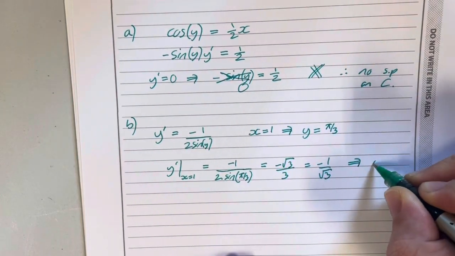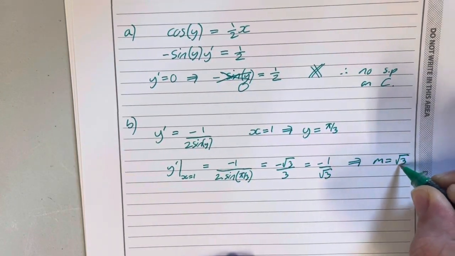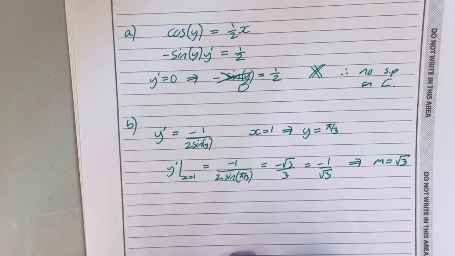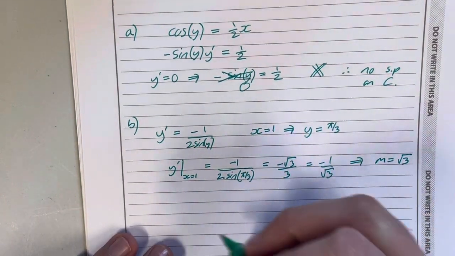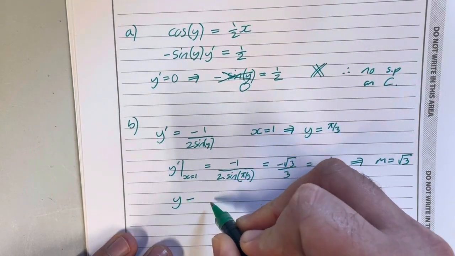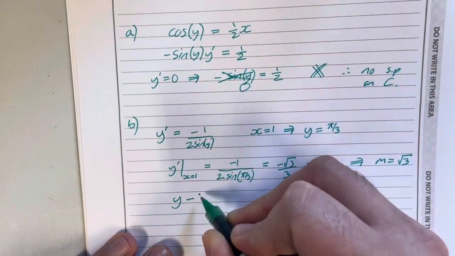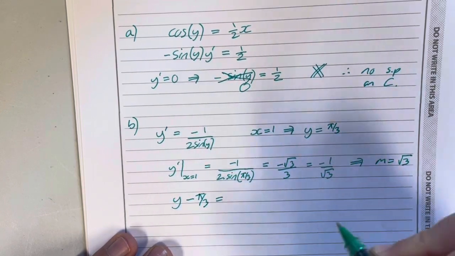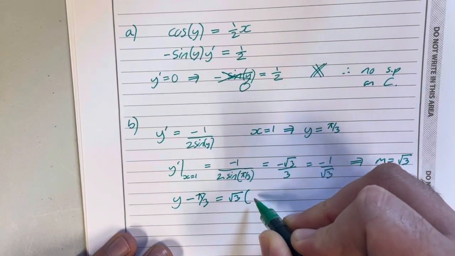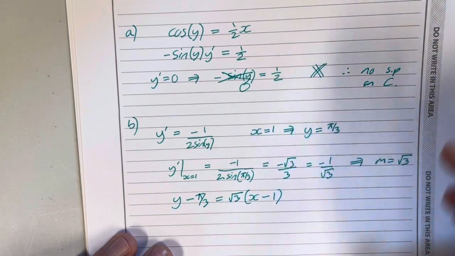And that implies that the gradient I want is positive root 3. And that's because I'm concerned about the normal, which has a negative reciprocal gradient. So therefore the equation of my normal is y minus pi on 3 equals m times (x minus 1).